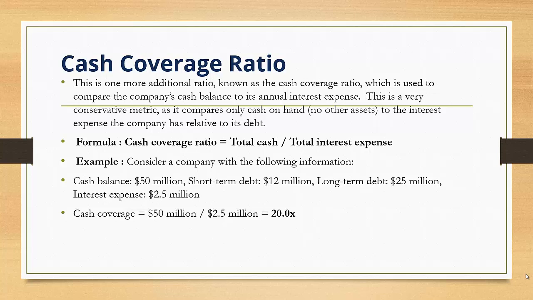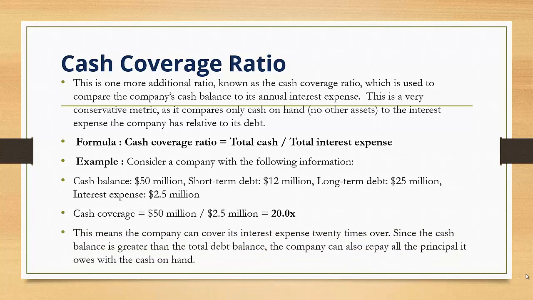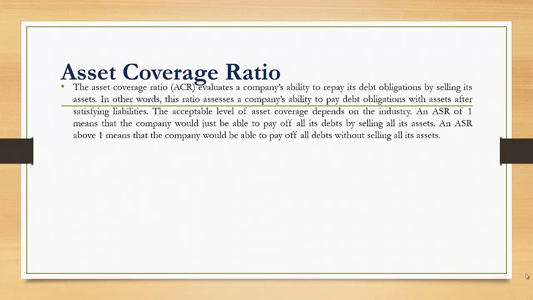So here it comes to 20 times, meaning the company can cover its interest expense 20 times over. Since the cash balance is greater than the total debt balance, the company can also repay all the principal it owes with the cash on hand.